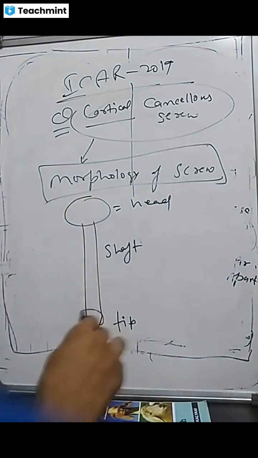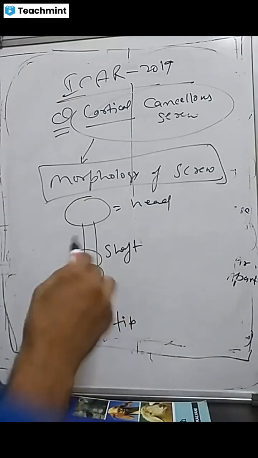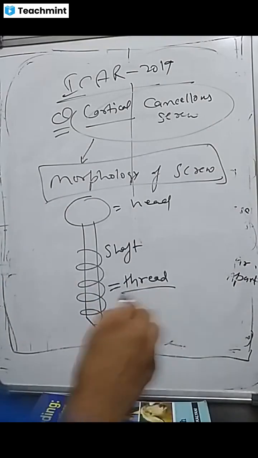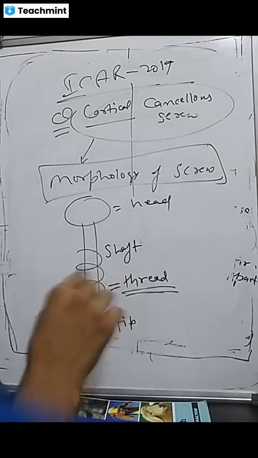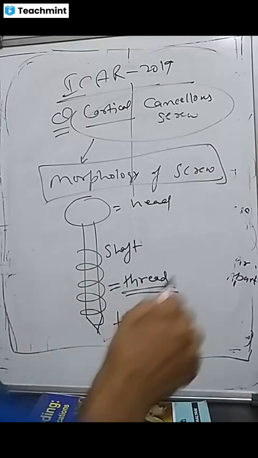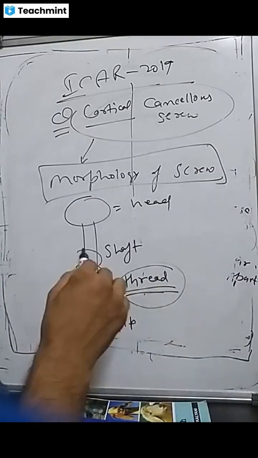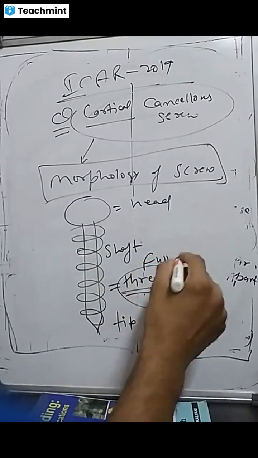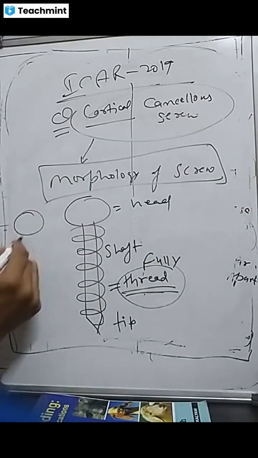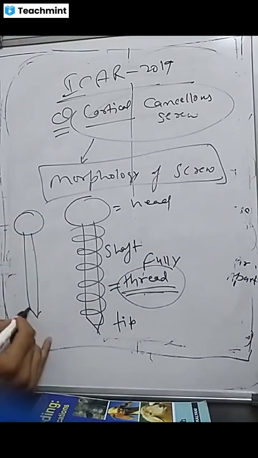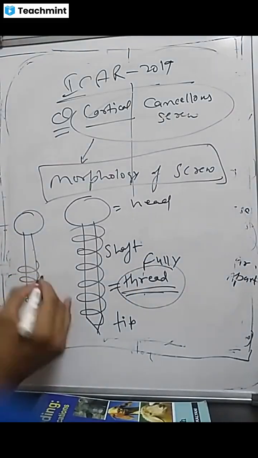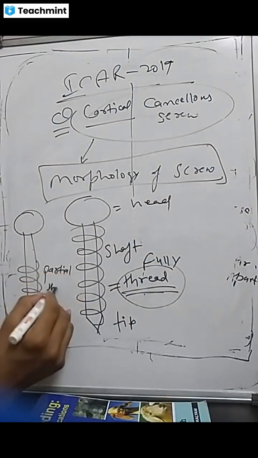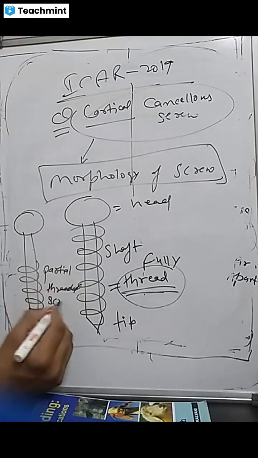These are known as threads. These threads may be present fully, or if the thread is only here, it is called a partial threaded screw.